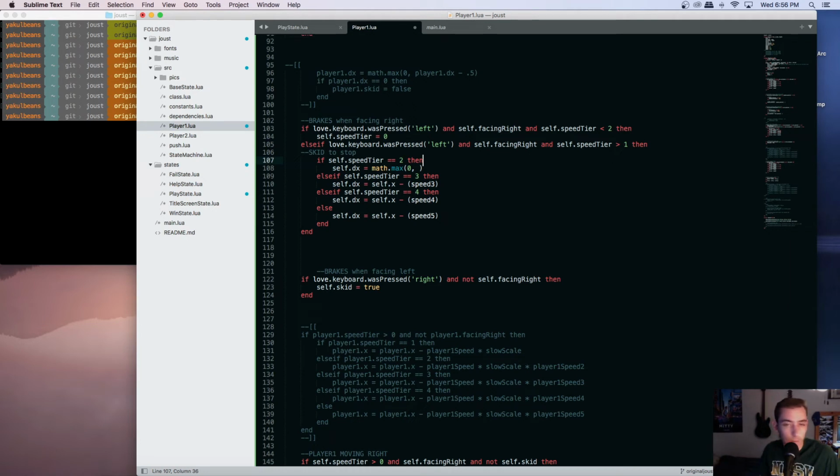Oh my god. So the problem is, if we update dx to get smaller over time until it's 0, this line of code only activates one time, once I press the left while it's facing right.